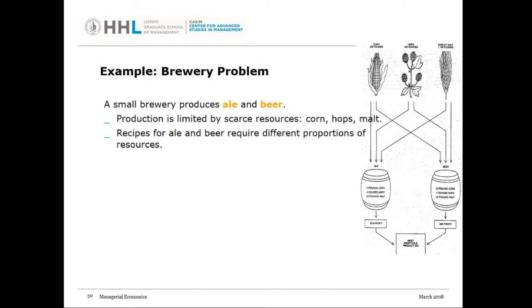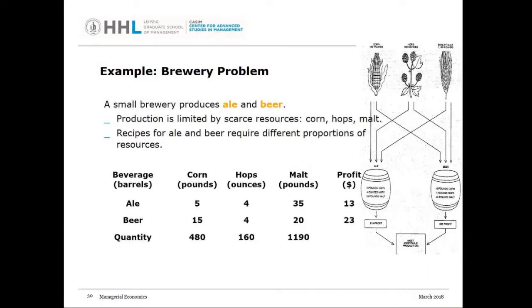If they do it, they need some resources, so they need corn, hops, and malt. And the different beverages also need different recipes. The table over here shows you the different ways to produce it.